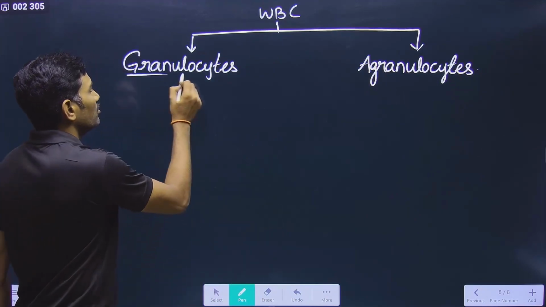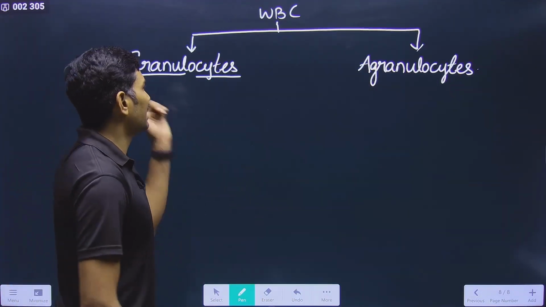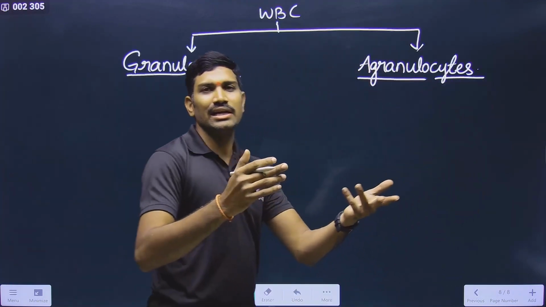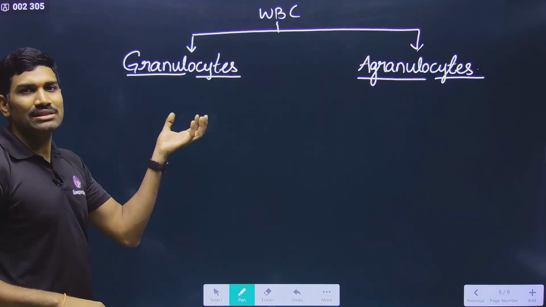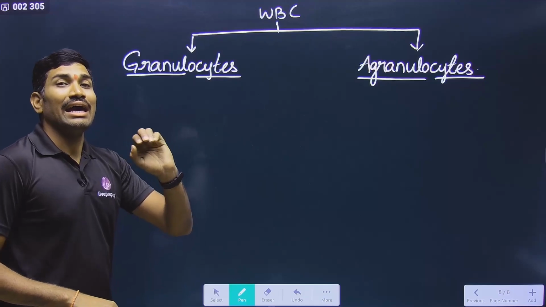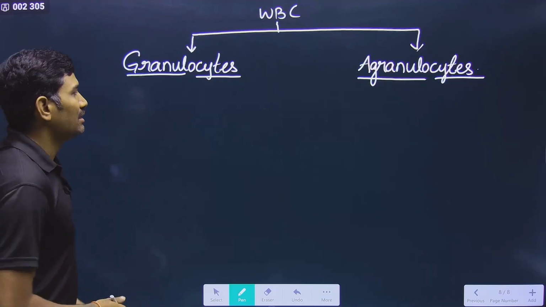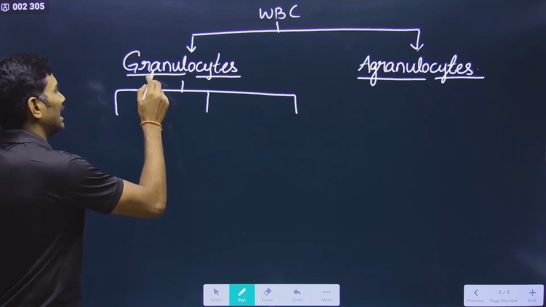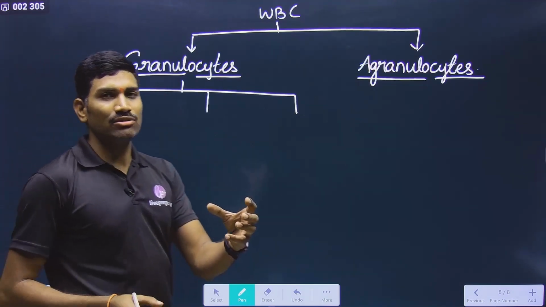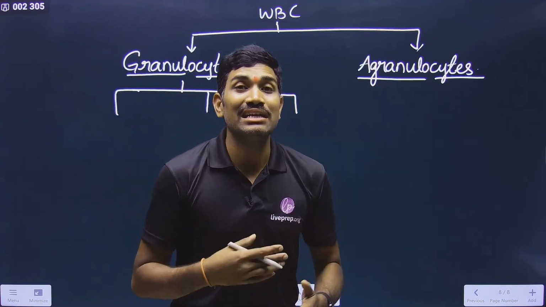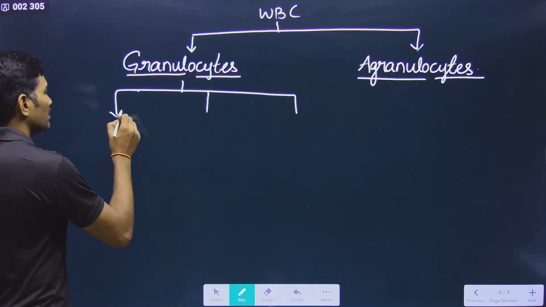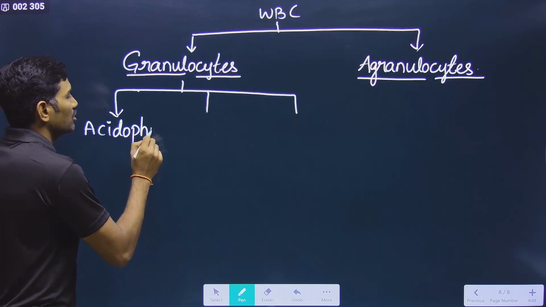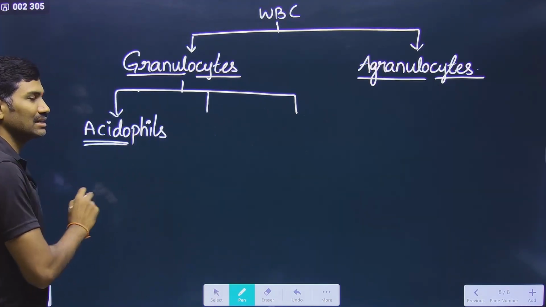Granulocytes are granule containing cells. Cytes means cells. But agranulocytes do not contain any granules. Granulocytes have granules inside these cells, and these granules have different abilities. Some cells have granules that can easily bind with acidic dyes. That's why these are called acidophils, meaning acid loving.